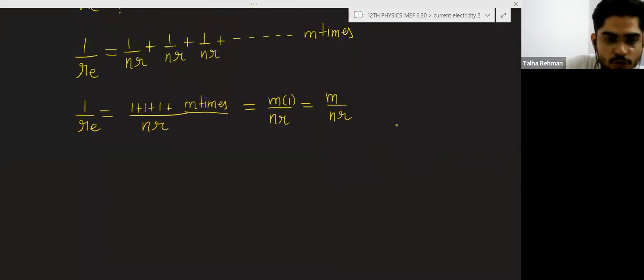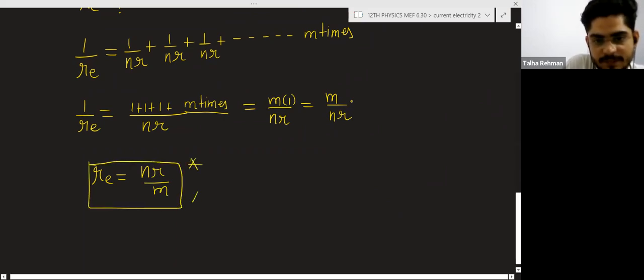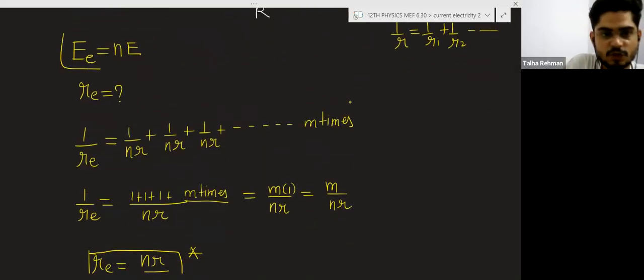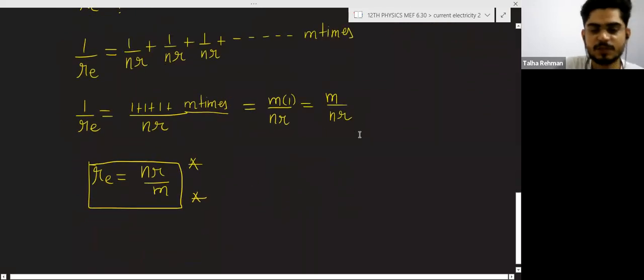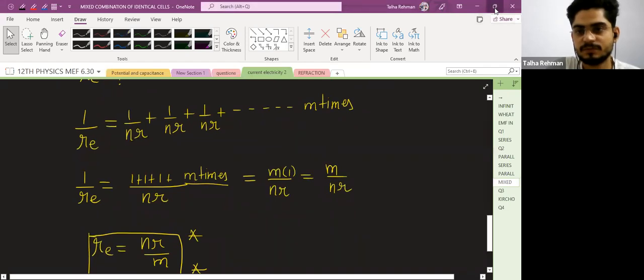So R equivalent will be the reciprocal of this, nr divided by m. Please remember this. This is the equivalent EMF in the mixed combination, and this is the equivalent internal resistance in the mixed combination.